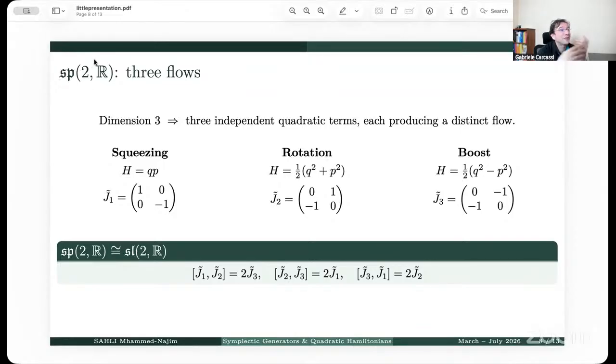And so those are also the other things that I'd like to see the connection to. Essentially, any linear group that we have in physics should be in some way expressed in some symplectic group.